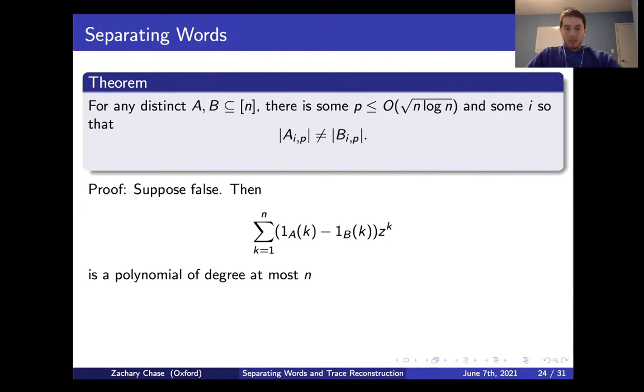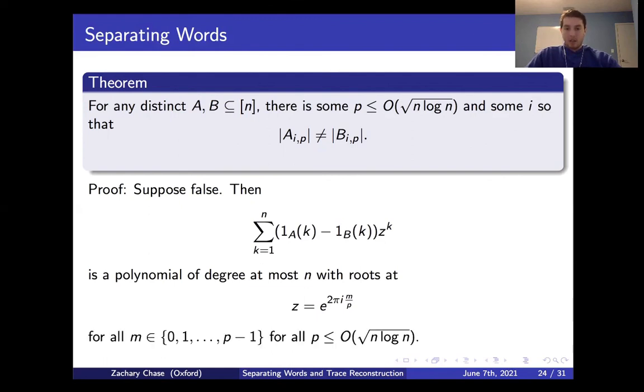Okay, but the point is, this is obviously a polynomial of degree at most n. And under the assumption that the theorem is false, this polynomial has roots at each of the 2 pi i m over p for all m and p at most root n log n.